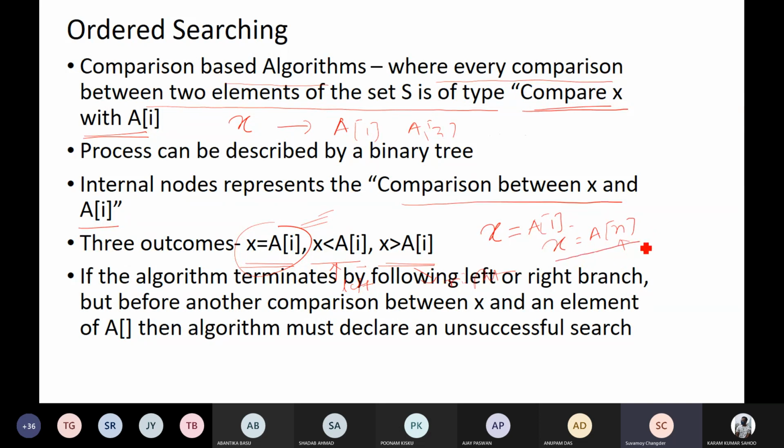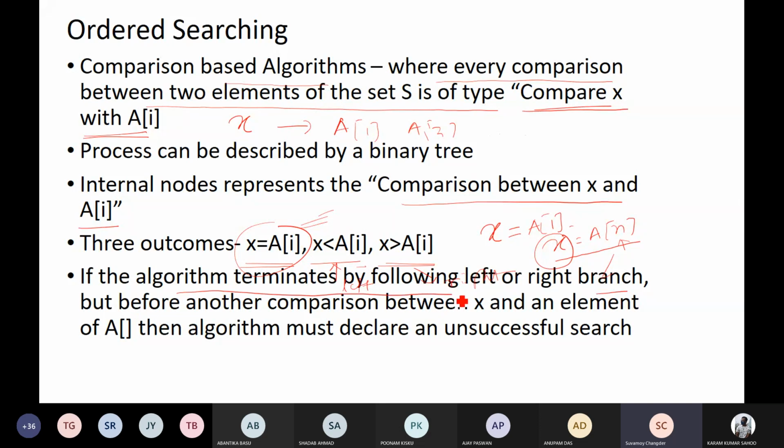I have compared X with An. After that, if this search is unsuccessful, it will go to the left or right branch, any branch. There is no other element to search with X.